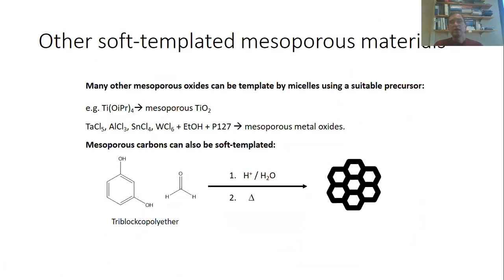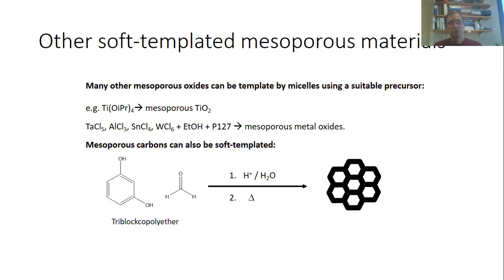All right. So now we have talked about siliceous materials a lot, which are mesoporous. So can we also make mesoporous materials of other oxides? And the answer is yes.